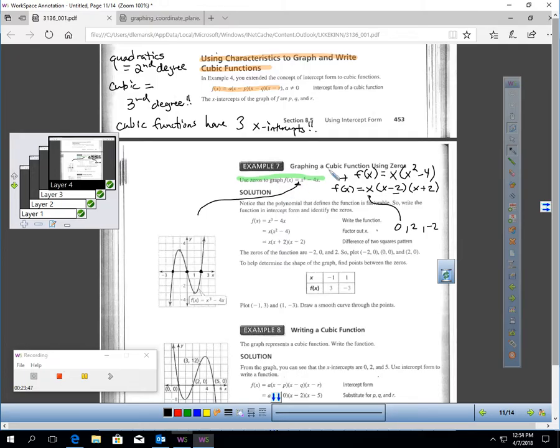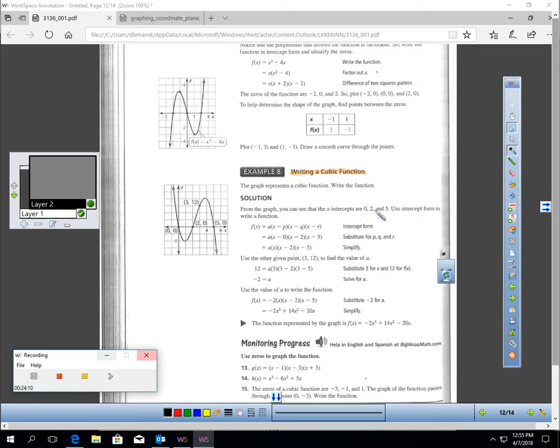Anytime you have a positive lead coefficient on a cubic function, that means your graph is growing. It's starting low and finishing high. So I can start low, and I just keep on passing through these points, and it finishes high. All cubic functions have this roller coaster look to it. Okay?